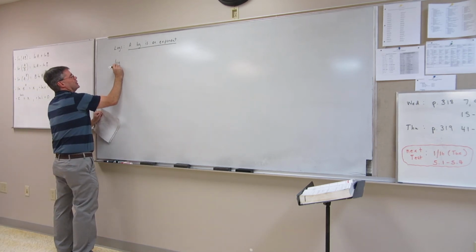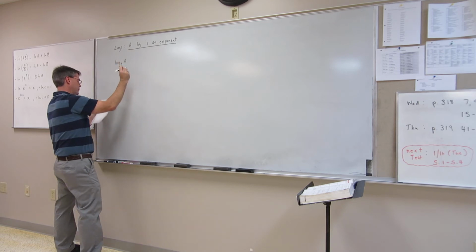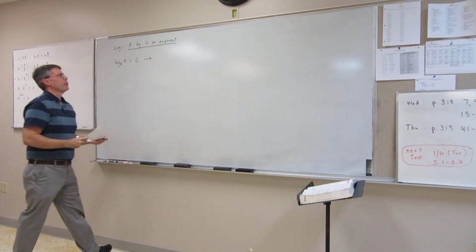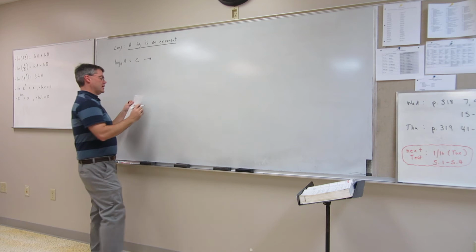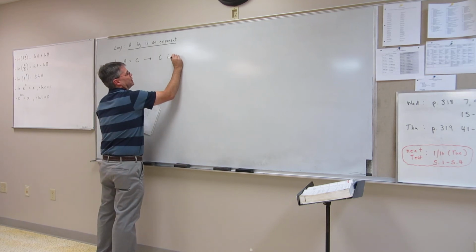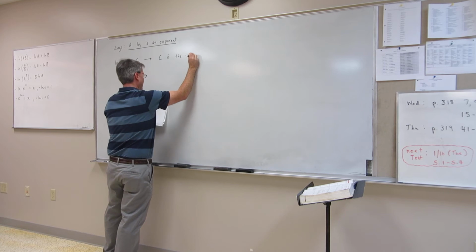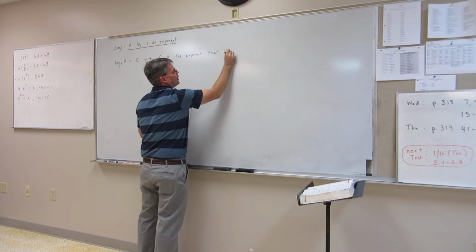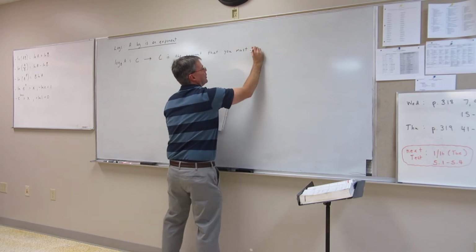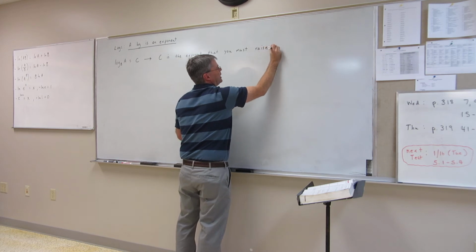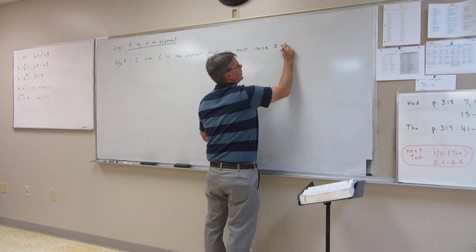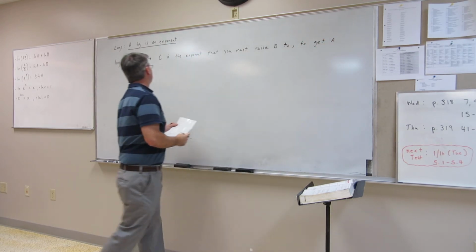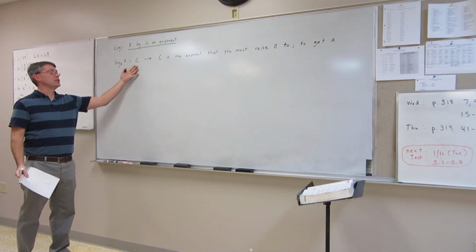So if you see log base b of a is equal to c, what that means in sentence format is that c is the exponent that you must raise b, the base, to get a. So the answer, in this case c, is always going to be an exponent.